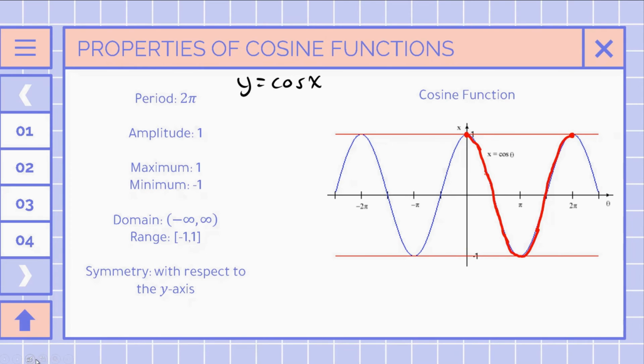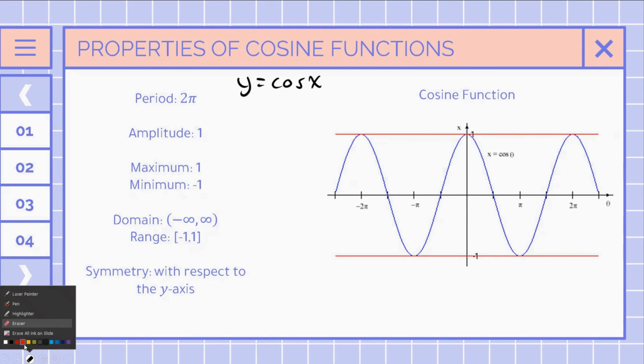And for the symmetry, this time it's with respect to the y-axis, which means the graph is a reflection of itself. The negative side is just a reflection of the positive side. As you see, this looks like this, and this looks like this as well.